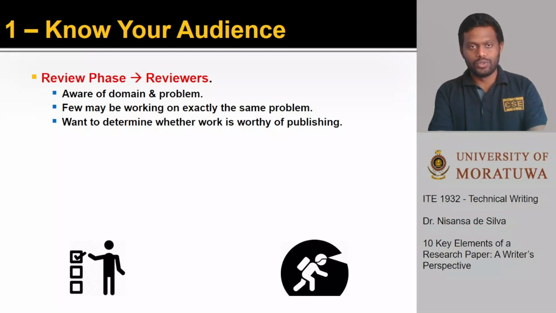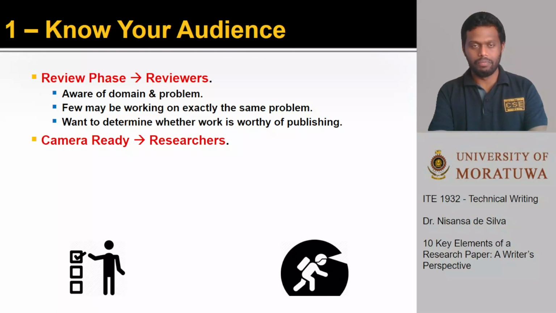Once you get through this step and the reviewers accept your paper, you submit the camera-ready paper, which is the final version of your paper. The target audience of that is the general research audience, researchers who are interested in this type of work. They might range from novice to expert.